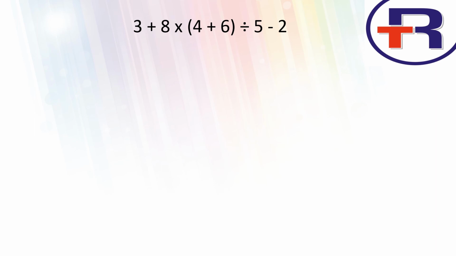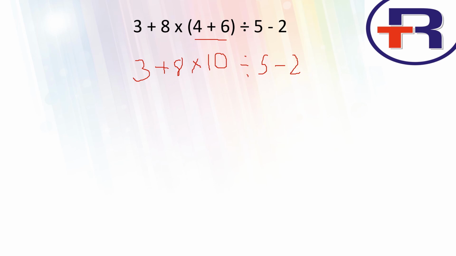So B, brackets, we've got a bracket there, which is 4 plus 6. So the answer to that is 10. We then rewrite the sum, 3 plus 8 times, we've done the bracket, we've got 10, divide 5 minus 2. Now we look at the sum again. We've done the bracket, we look for I, indices.